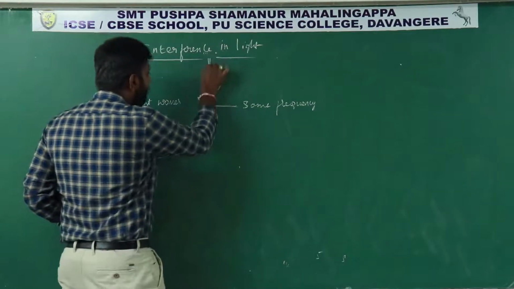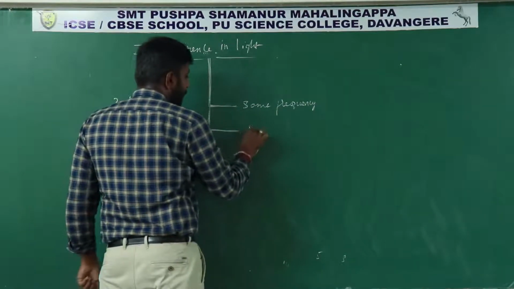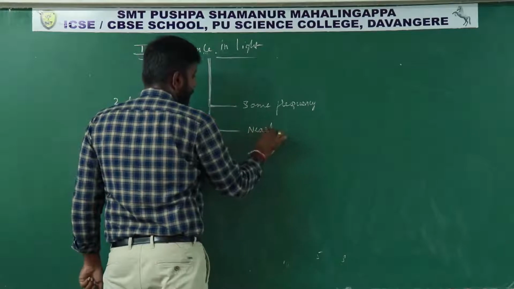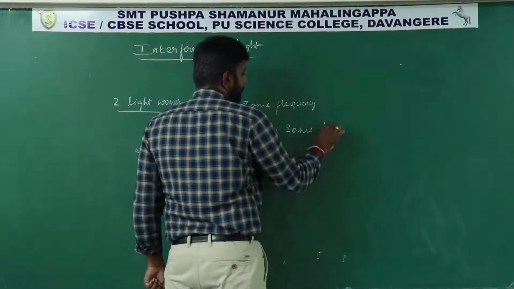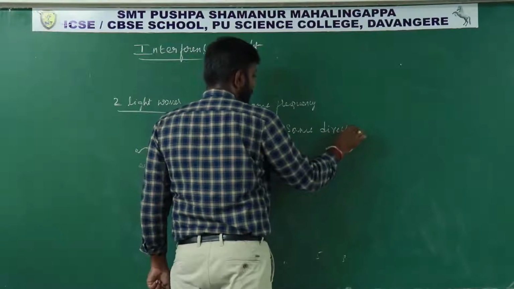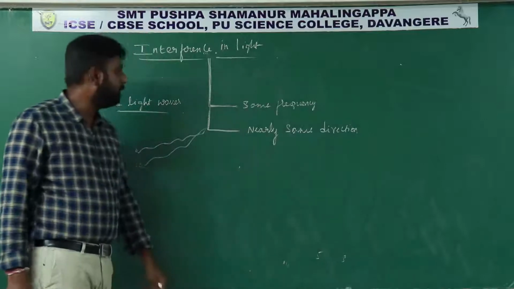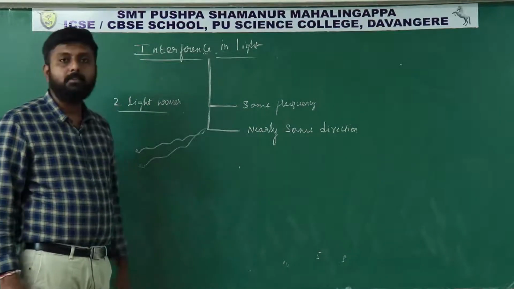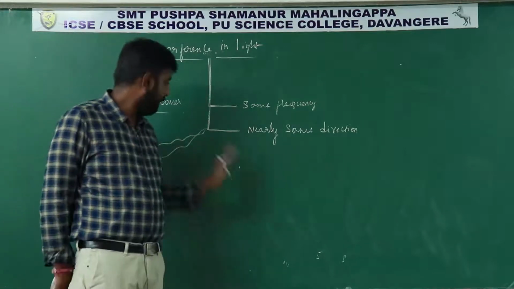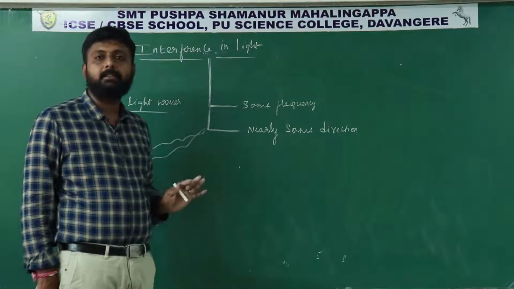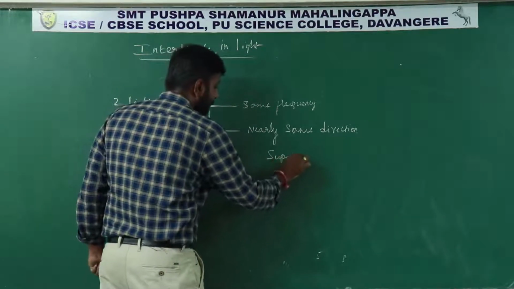And the next condition is that they should travel in nearly the same direction. So these are the two conditions to observe interference. Then they have to superimpose.